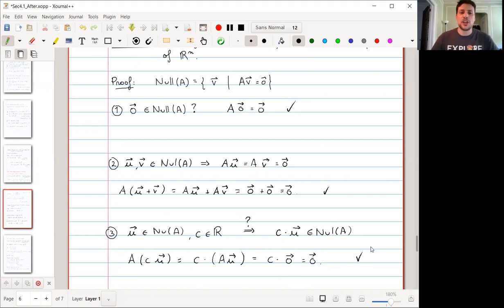We didn't have to check these things because we know that the null space is a span, as we said in the example above, but it's instructive to see how the properties of the matrix product help us check directly this proposition. At any rate, the null space is a subspace of Rn.